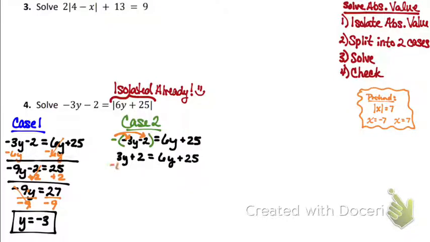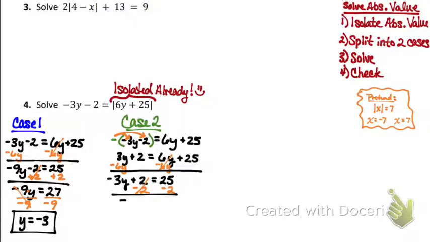Get my y's to the same side, so I'm going to subtract 6y from both sides. 3y minus 6y is negative 3y plus 2 equals 25. I'm going to subtract 2 from both sides.